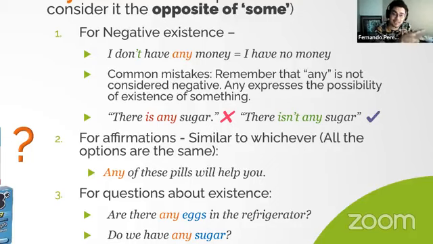So note number 1: when you have any, use the negative. When you use no, use the positive. Got it? Positive verb, negative verb.